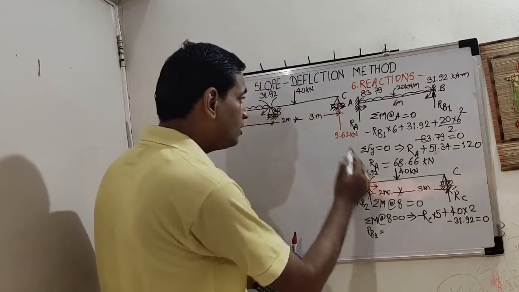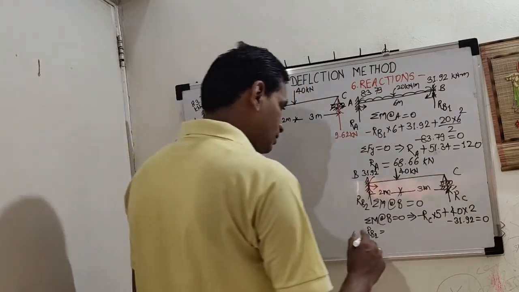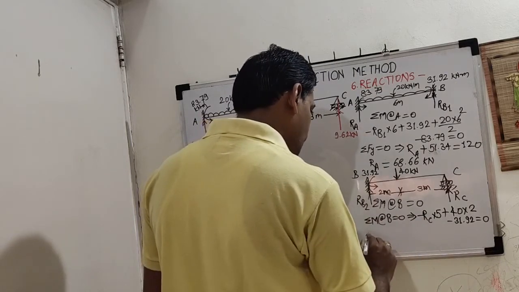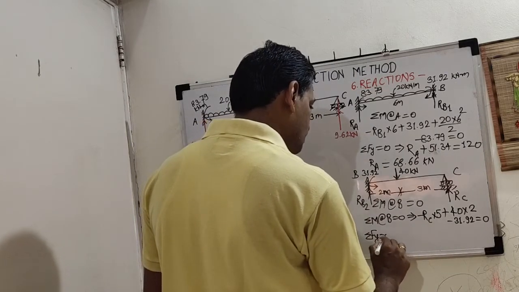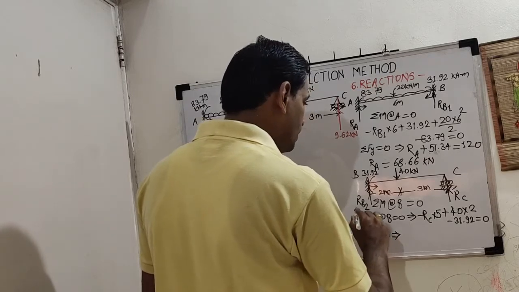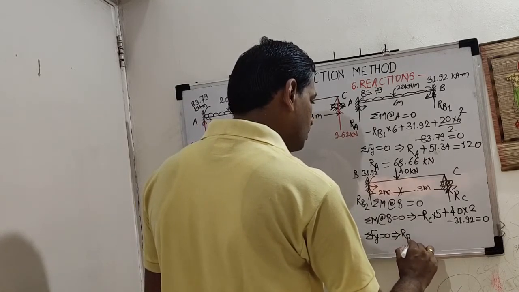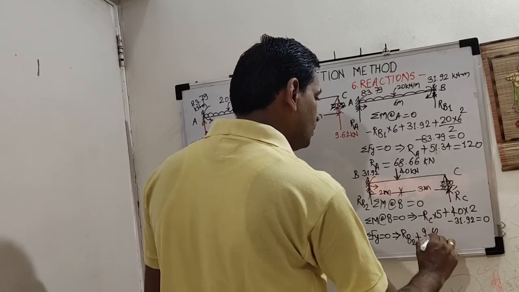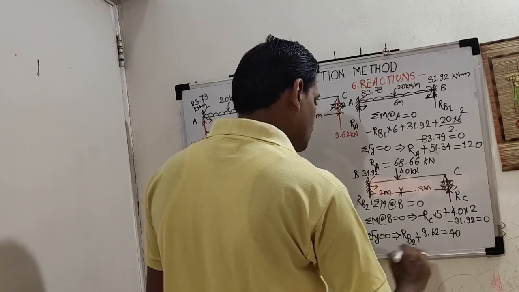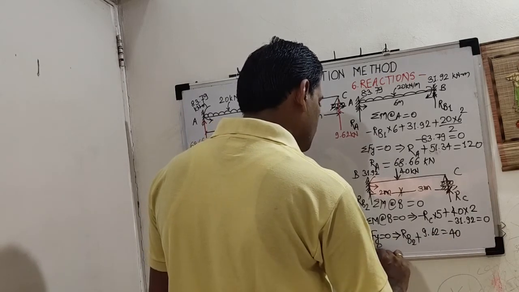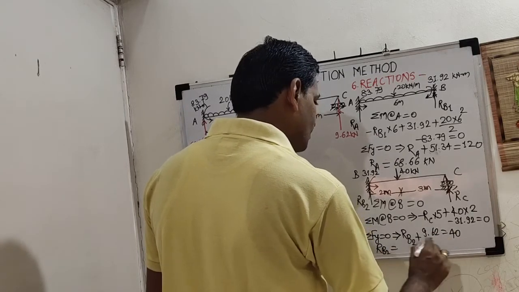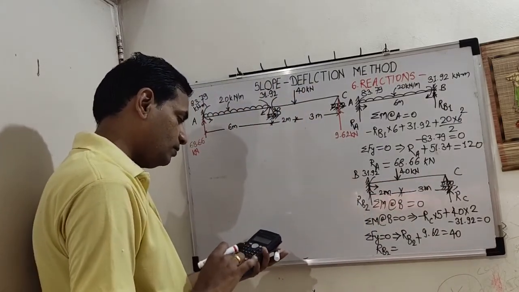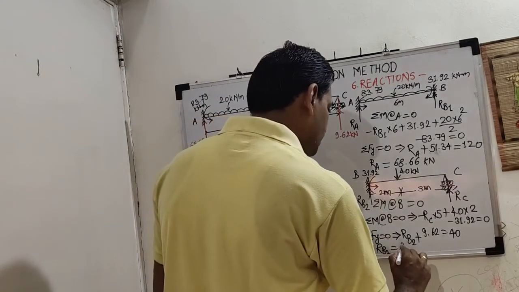If you apply summation Fy is equal to 0, what we are going to get is RB2 plus this RC, 9.62, is equal to 40. So RB2 will be 40 minus 9.62. So it is 30.38.